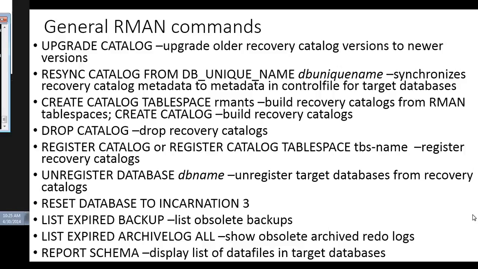So you would use alter database open resetlogs to reset all the SCN and the different threads inside the database. And basically, what that does is it creates different incarnations for your database.